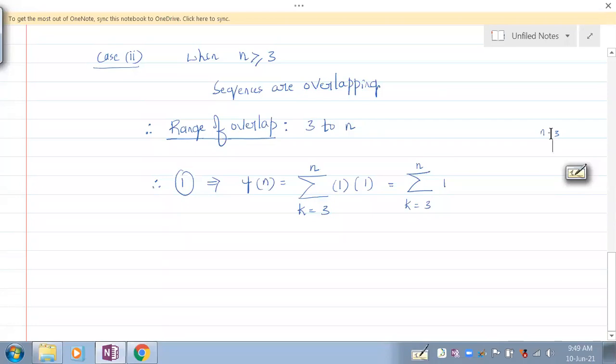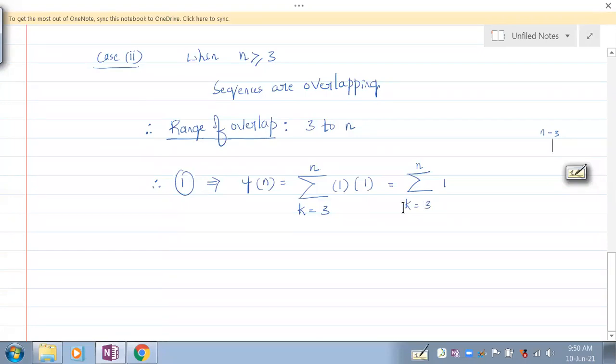Now, how to understand this? If anybody has any other answer, you can give me. One says it is n minus 3. So let's see if it is n minus 3 first. How we can understand this better is, instead of seeing it from 3 to n, if we see it starting at 0, it's always good, right? When would this become 0? If you drag it to the left by 3 units, it will become 0.